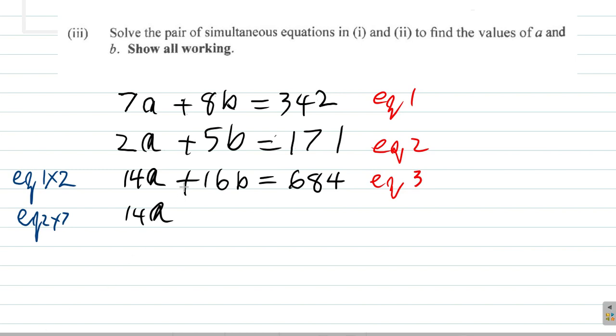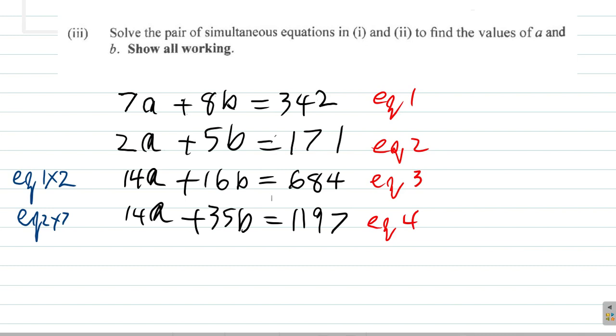And then equation 2 by 7: 7 times 2 gives 14a plus 7 times 5b gives 35b equal 7 times 171, which gives 1197. We can call this equation 4.